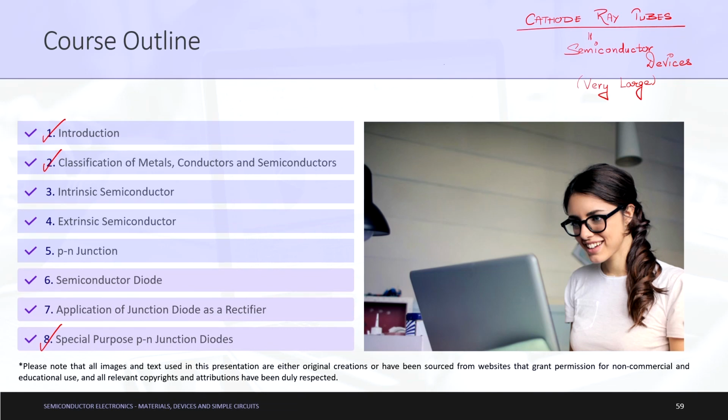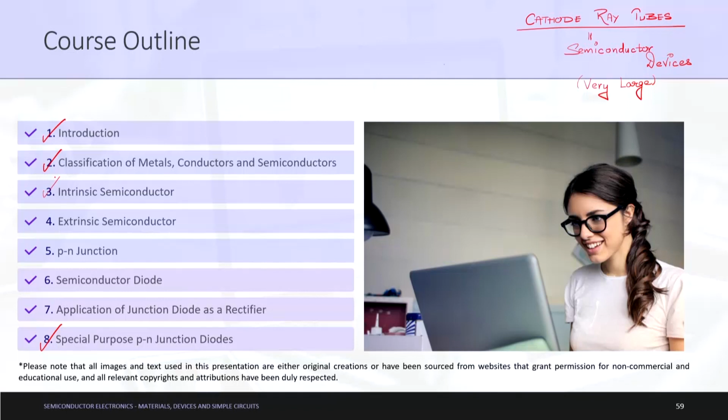We understood different phenomena such as valence band, conduction band, and the energy gap theory of solids, in which we understood that if the valence band and the conduction band are overlapping, then those materials will be called conductors. If there is a very small gap, let us say approximately 1 electron volt, 0.7 to 1.5 we can say, then those are called semiconductors.